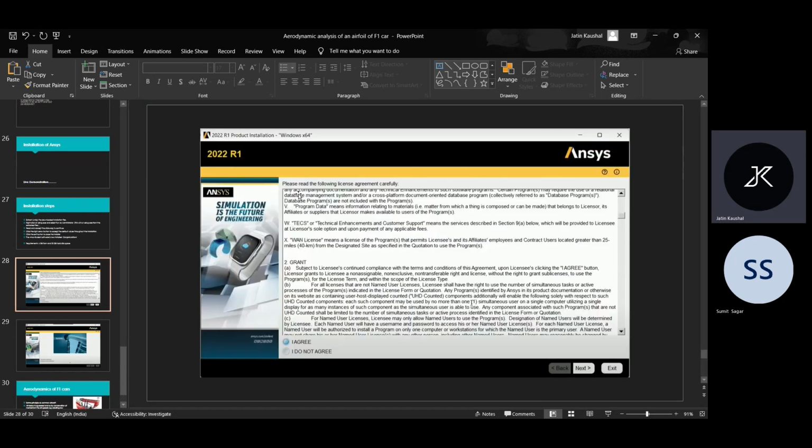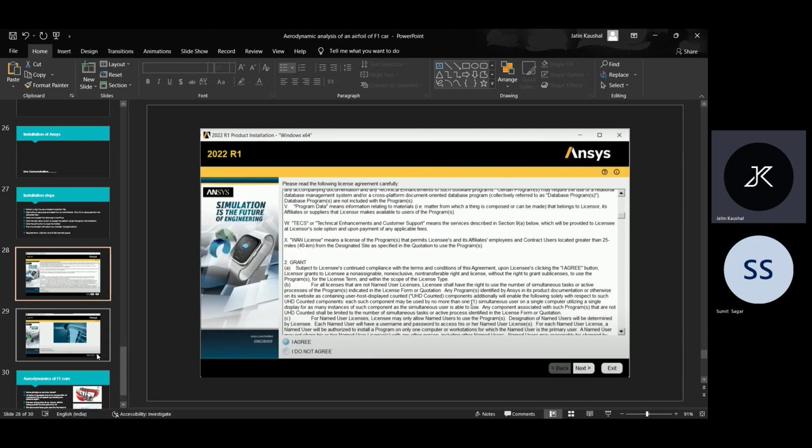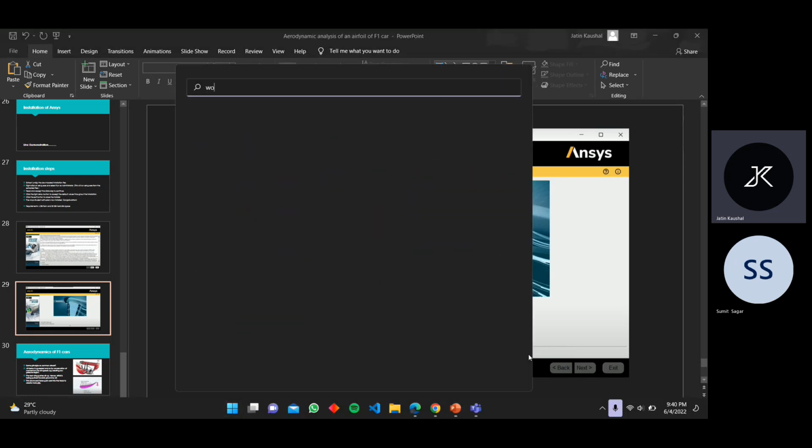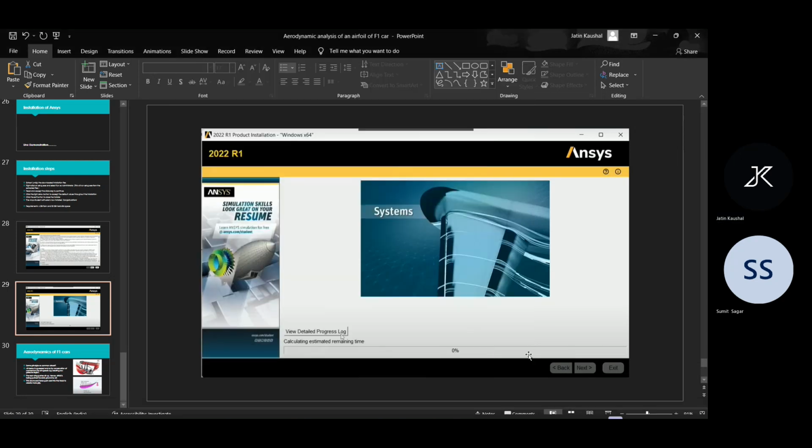So you guys will be getting a screen like this with terms and conditions. Agree and click next. It will start installing in your workspace. And when it gets done, it will be available like this.